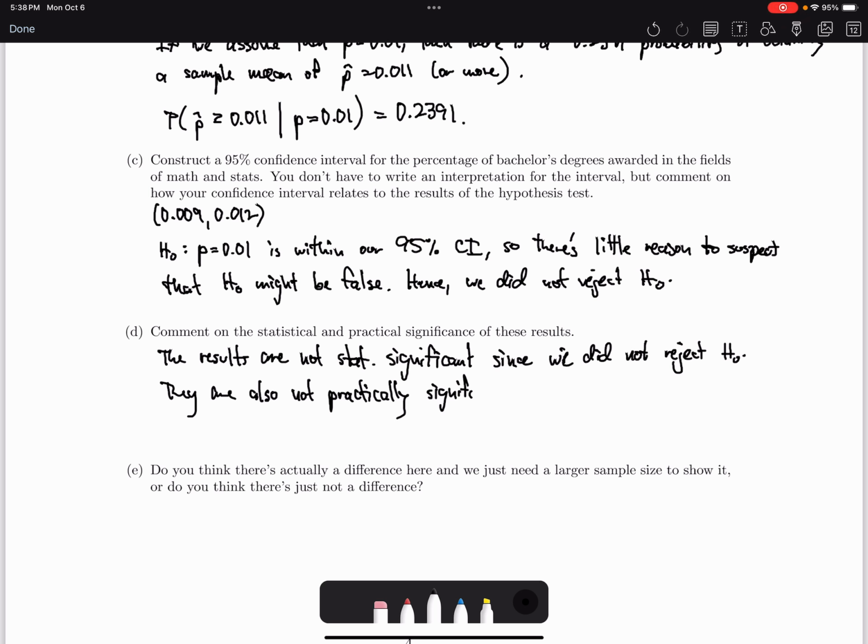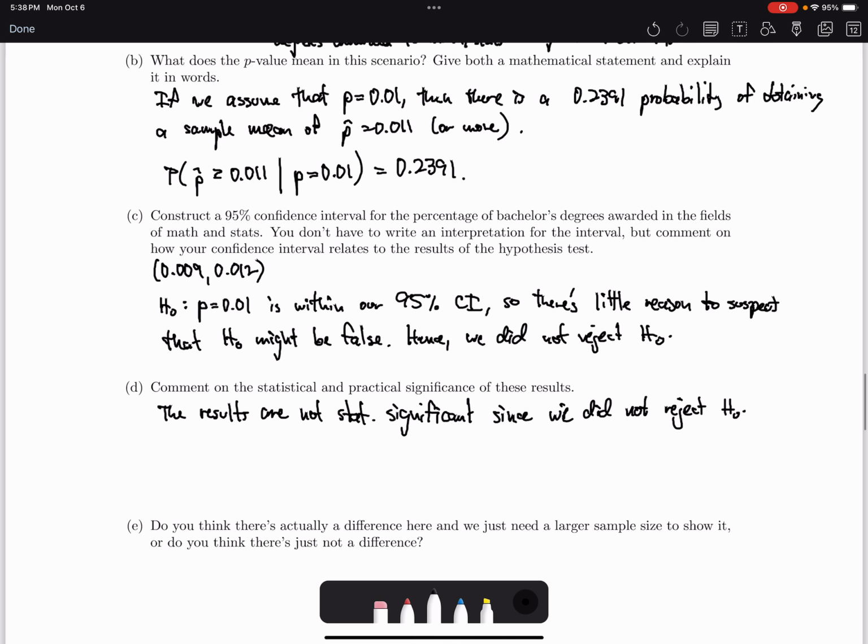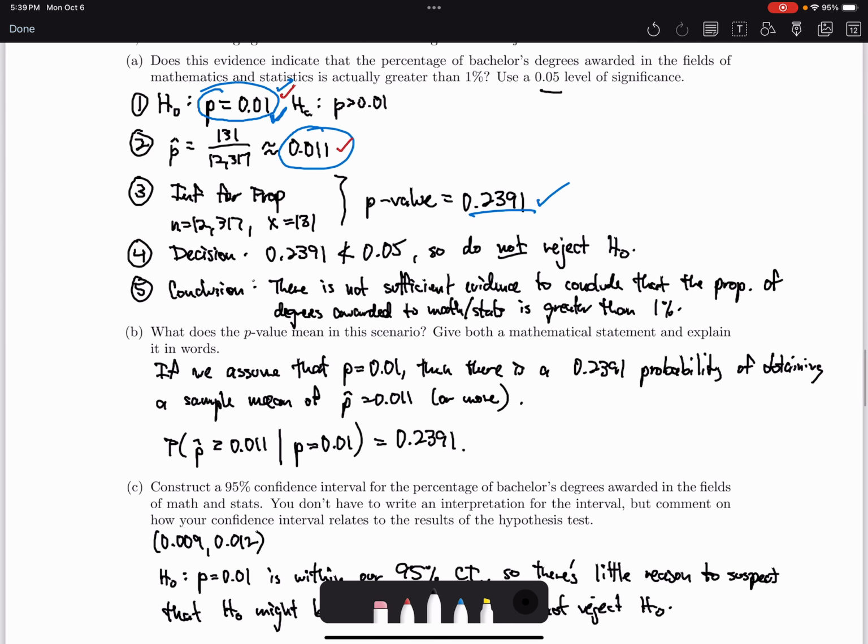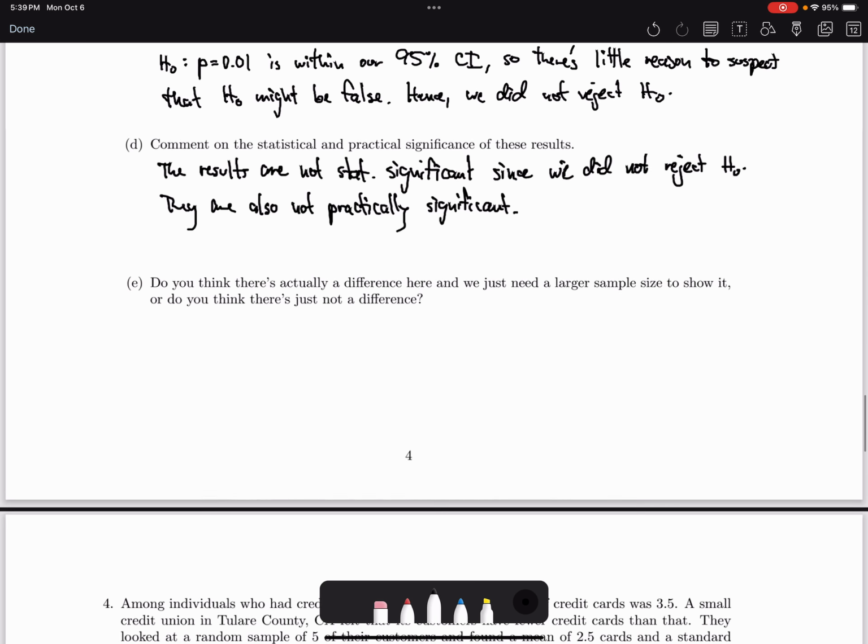But yeah, they're not practically significant. In your notes for your own benefit, you might want to write down why we're saying that, right? You might want to say something like, they're not practically significant because there's just not much of a difference between 1% and 1.1%, right?